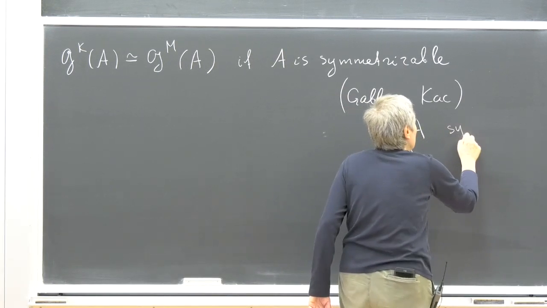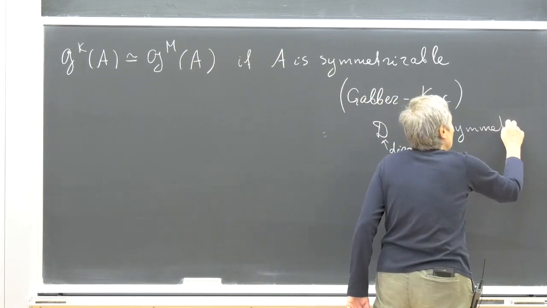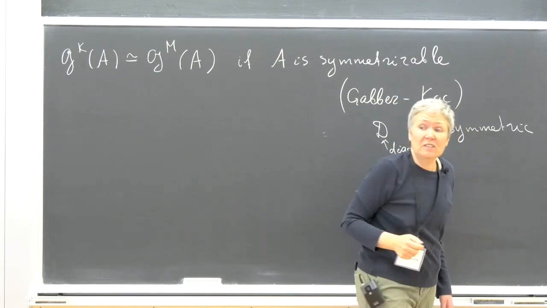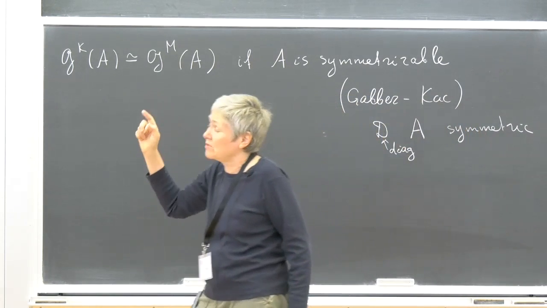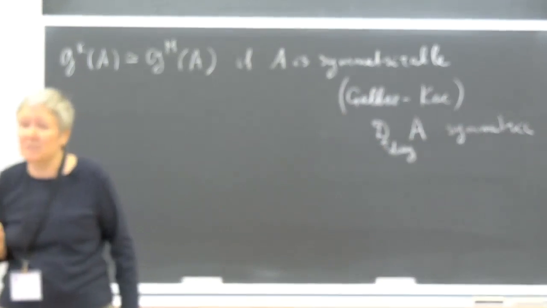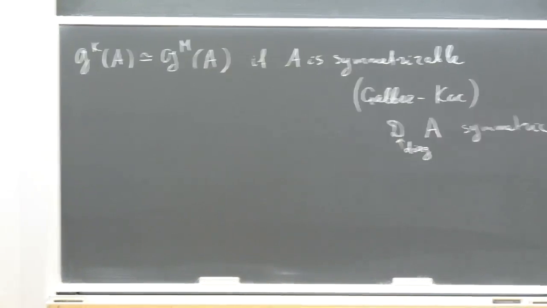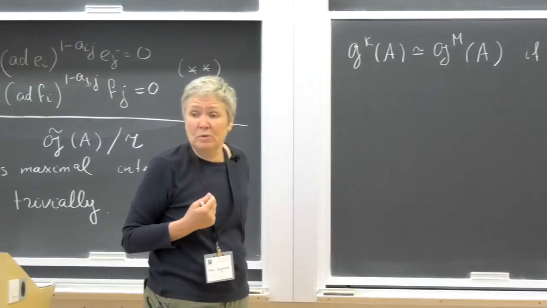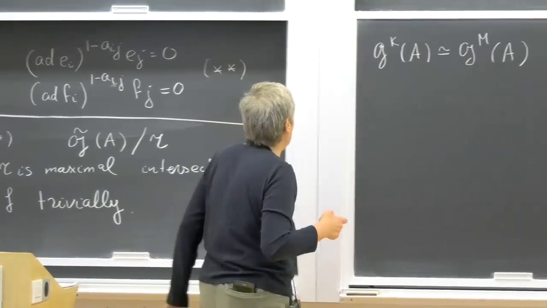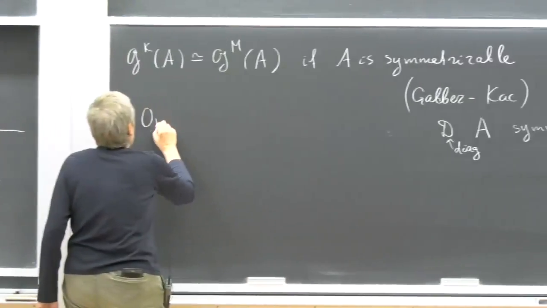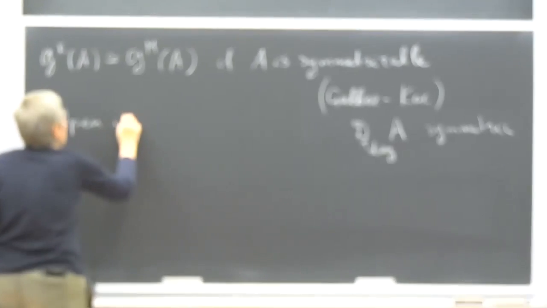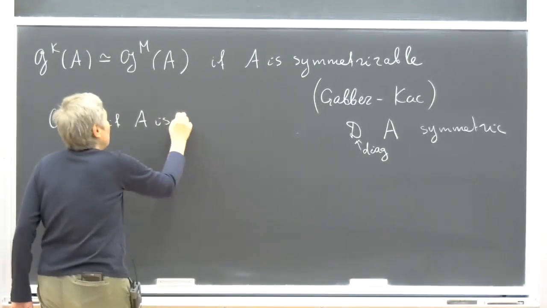This condition is also equivalent to the existence of an invariant form on this algebra. Surprisingly, in general it is still open whether this is true if A is not symmetrizable.